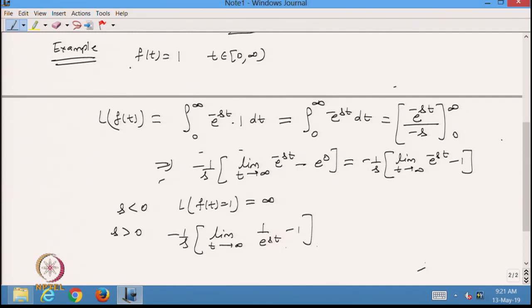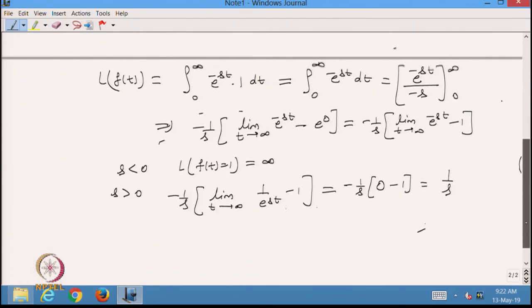Since s is positive and t is positive, this goes to infinity, so this will be minus 1 over s times (0 minus 1). So, this value will be 1 over s.